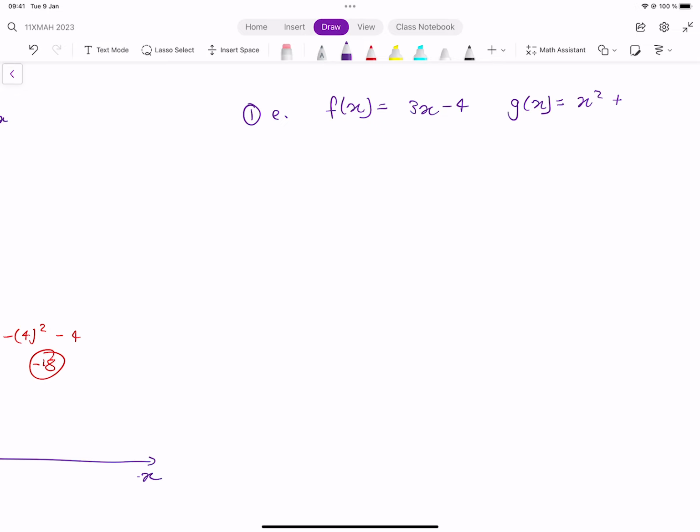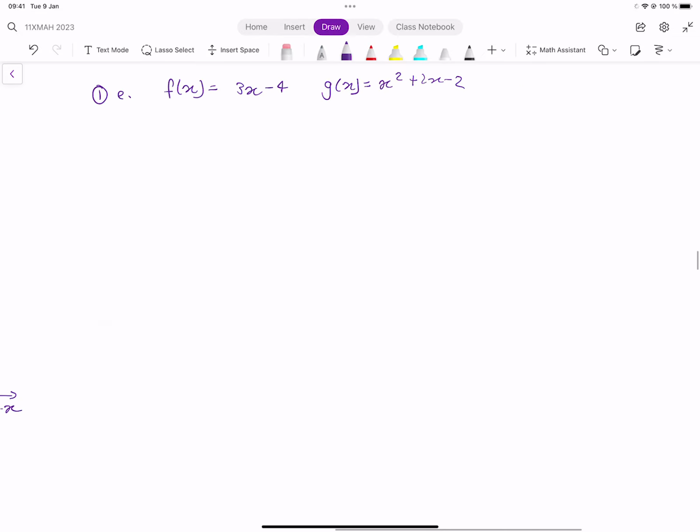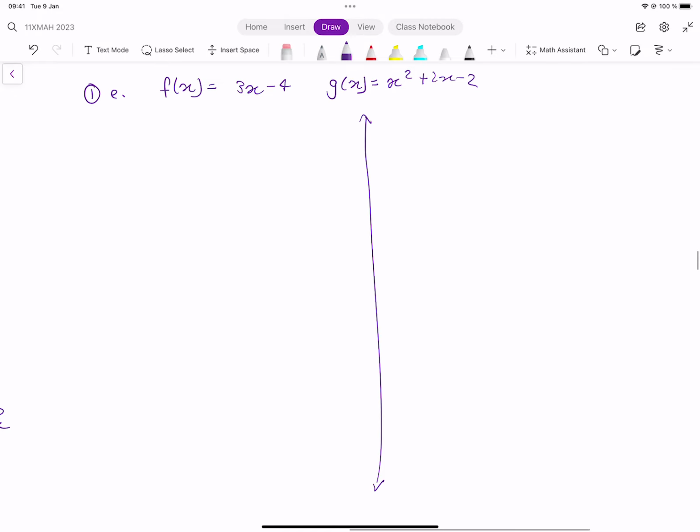Oh, I said that wrong. Sorry, f of x is 3x minus 4, and g of x is equal to x squared plus 2x minus 2. Okay. So again, we get our trusty old Cartesian plane, and we graph both of them.